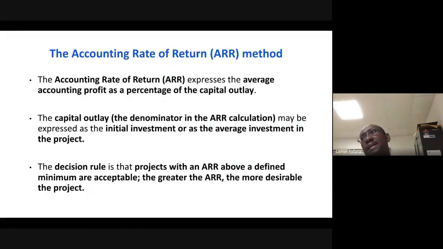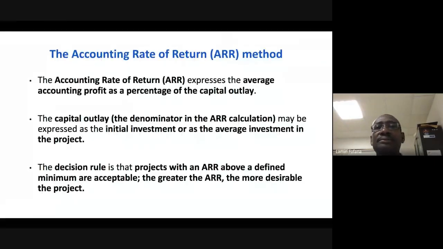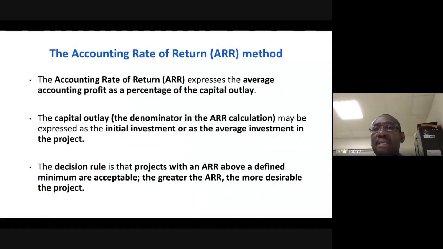This is another technique when we are appraising long-term investments. Its main difference with the rest of the methods is it uses accounting profit rather than cash flow. By saying that, you know what that implies.